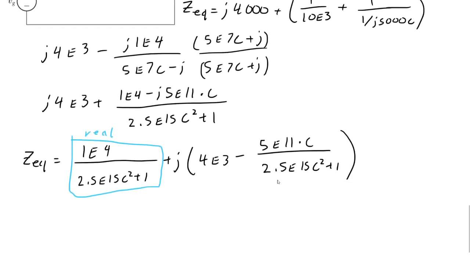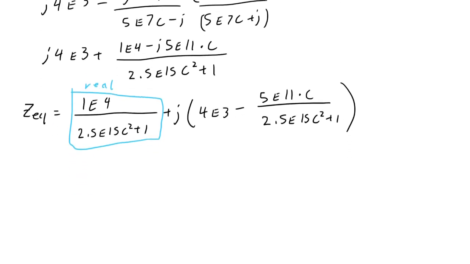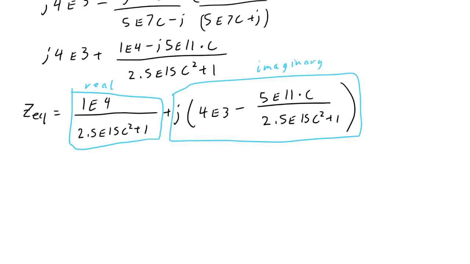So if you punch these values into a calculator, you take this imaginary part, set it equal to 0, and hit solve, you're going to get that C can be what? Since this is a quadratic equation, we're going to get 2 possible values.